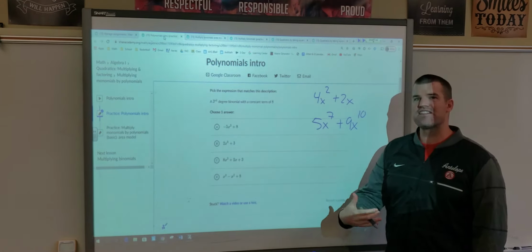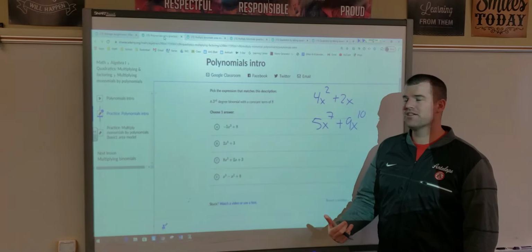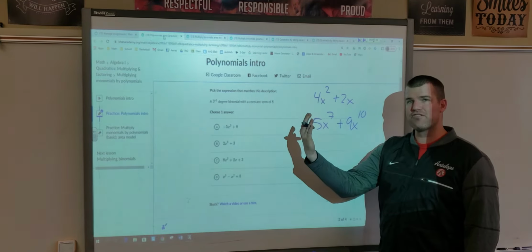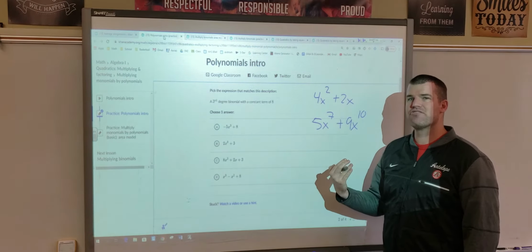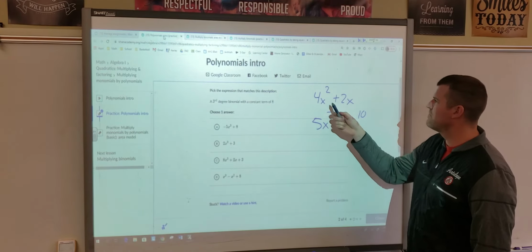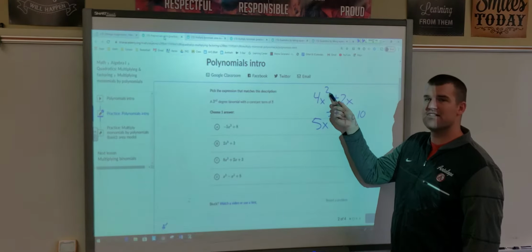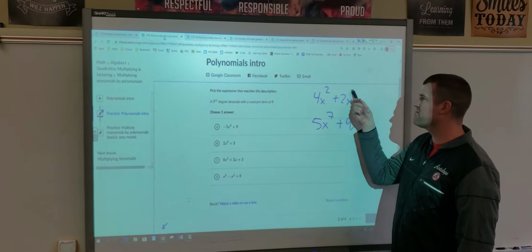There's also something called standard form, which is going to come up on a lot of these problems. Standard form is when you have your largest exponent first, and then the exponents get smaller as you go left to right. So this one is in standard form because x squared is a larger exponent than x to the first.